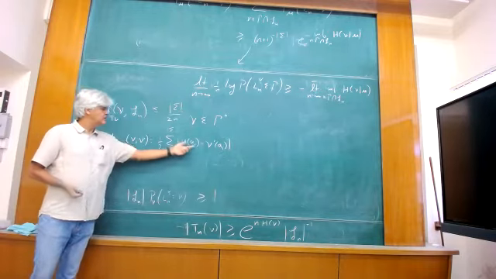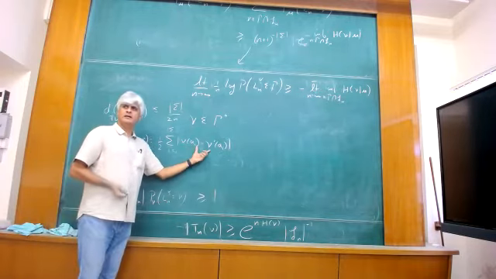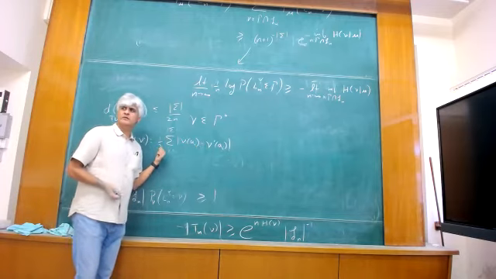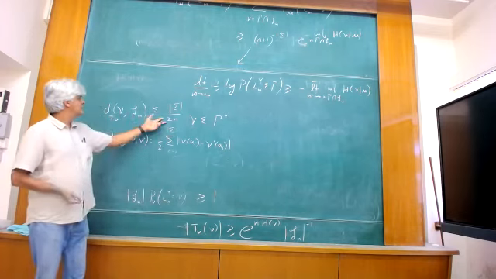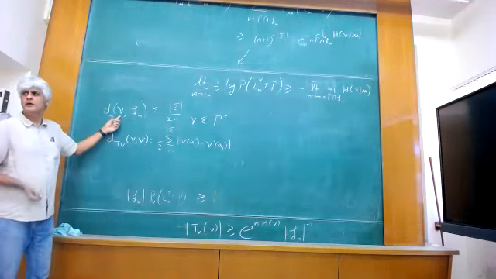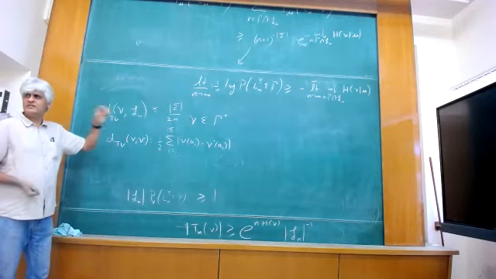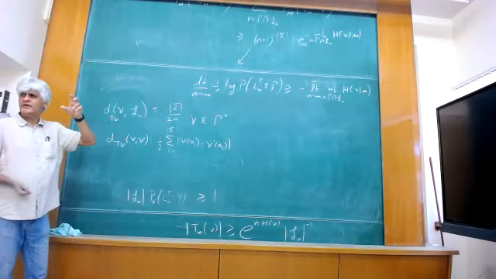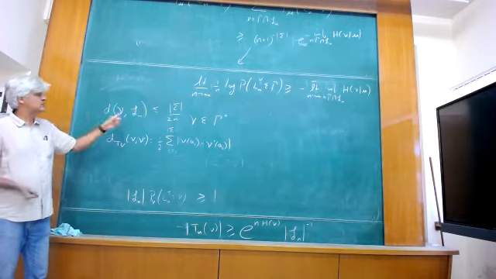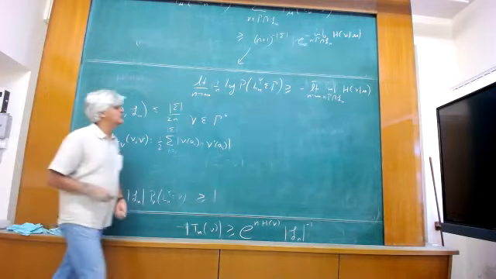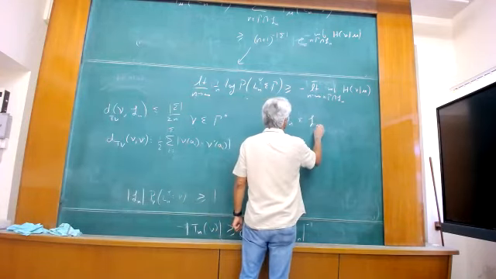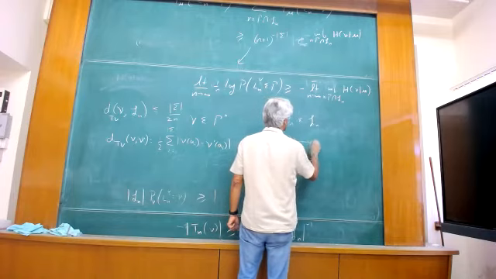So I get sigma upon n. That means if I give you any mu, I can find a point in L_n within order 1 by n. So I can find a sequence of points mu_n in L_n which is converging to mu.